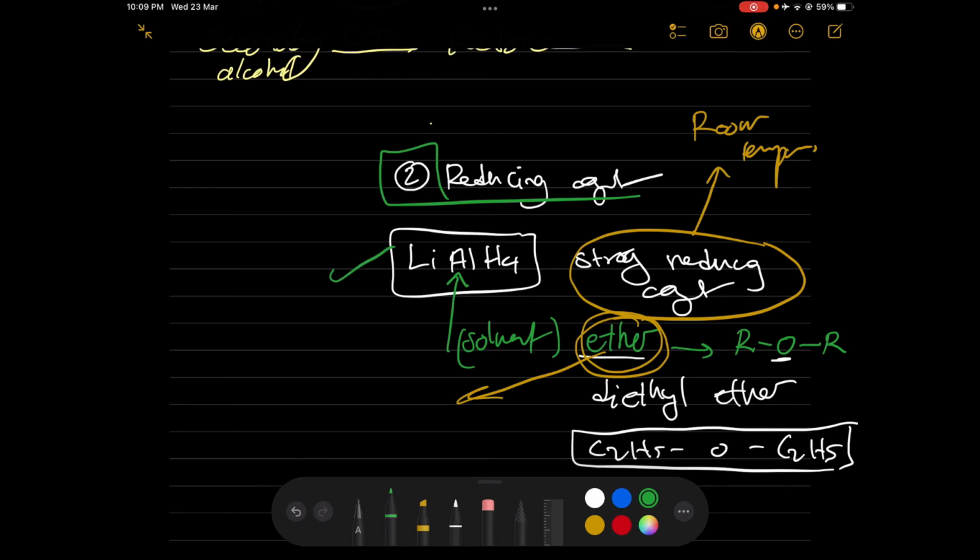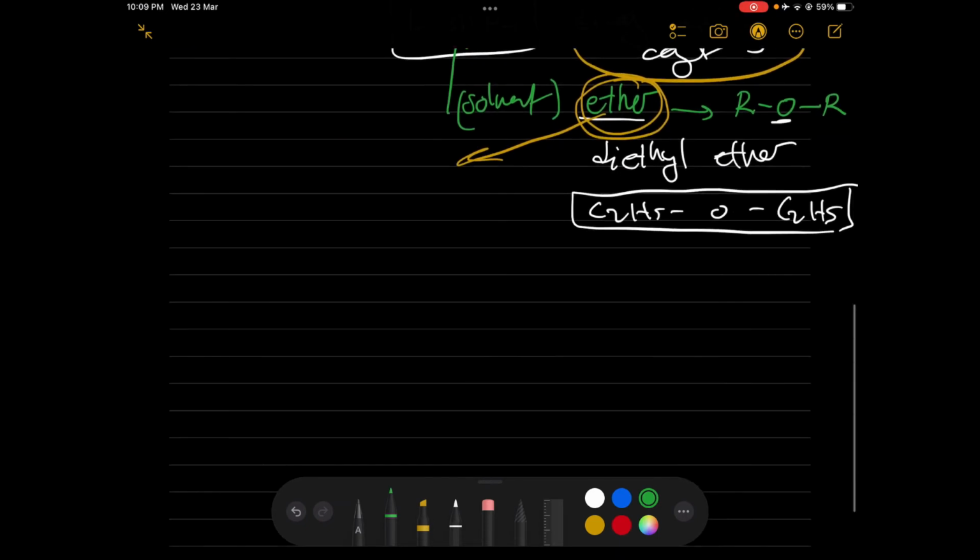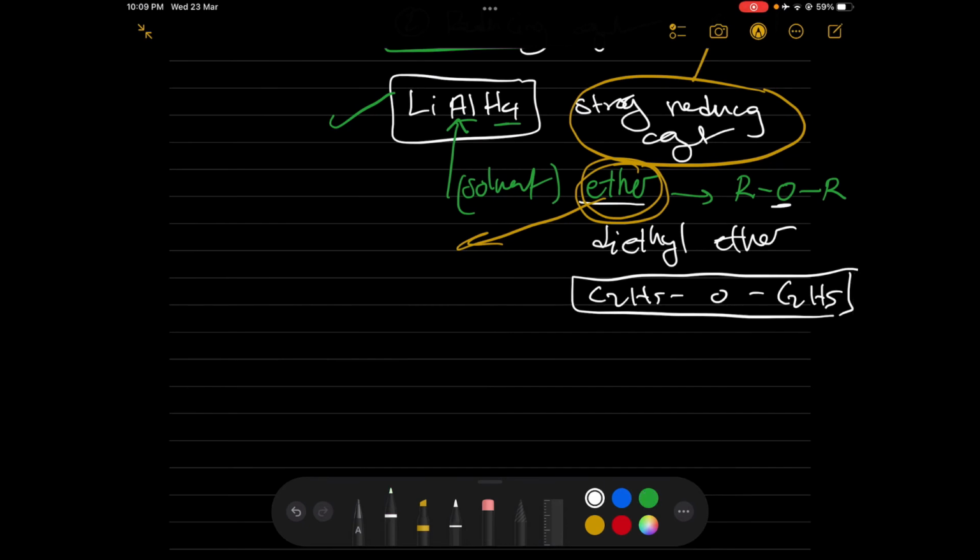The first one is lithium tetrahydridoaluminate. The second reducing agent is not as strong, but it's a milder reducing agent, and it's called sodium tetrahydridoborate, NaBH4.